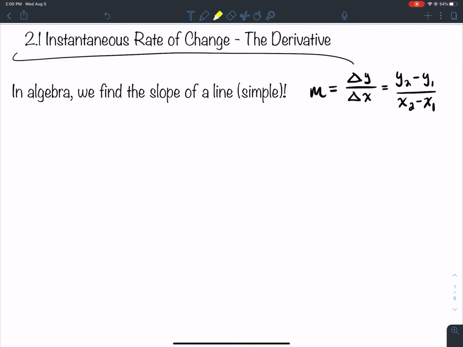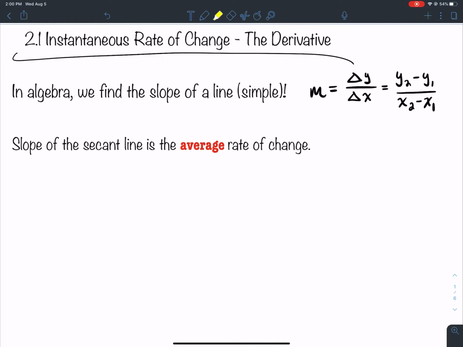Okay? So the slope of a secant line is the average rate of change. We're going to introduce the derivative starting out with a secant line, okay? Because right now, without calculus, the best thing we can do is find the average. So how do we do this?